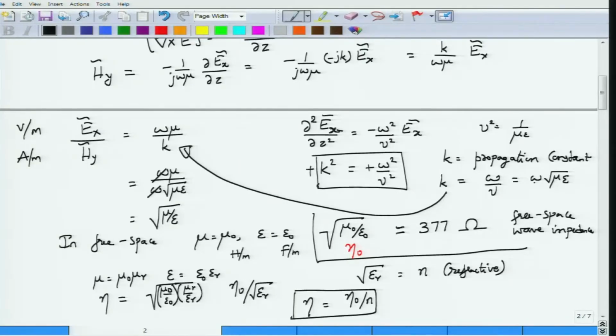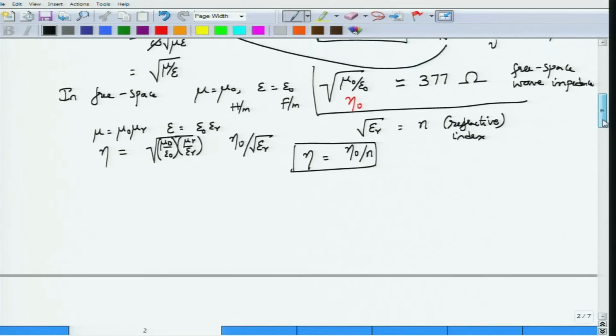I know this is getting a little confusing because you have n here and eta here, but I hope that once you go through this equation several times, you will be able to appreciate the difference between eta and n, okay. n is the refractive index, and what you can see is that the medium impedance, not in free space but any other medium, is inversely proportional to the refractive index. So the larger the refractive index, the smaller the medium impedance will be, okay.